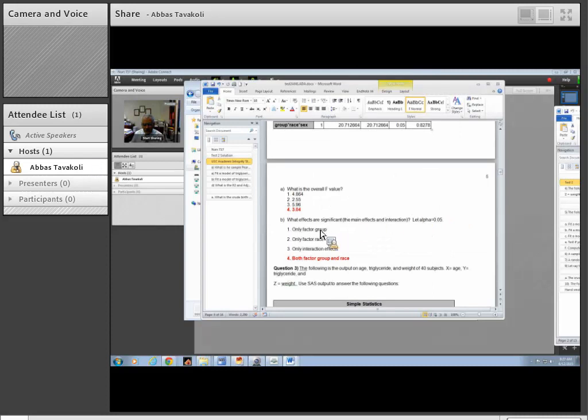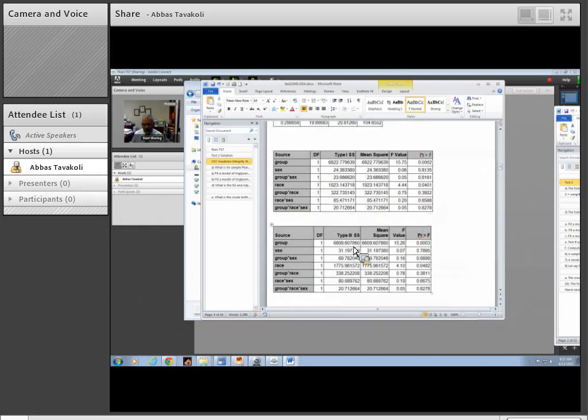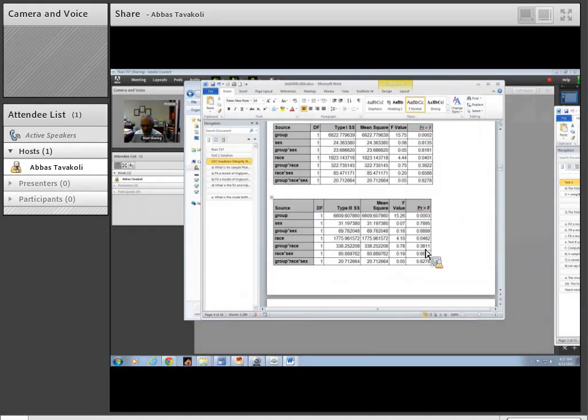What effects are significant, the main and interaction, at alpha 0.05? Again, you're going to look at type 3 sum of squares, and you see here the group is different, and the race is different.